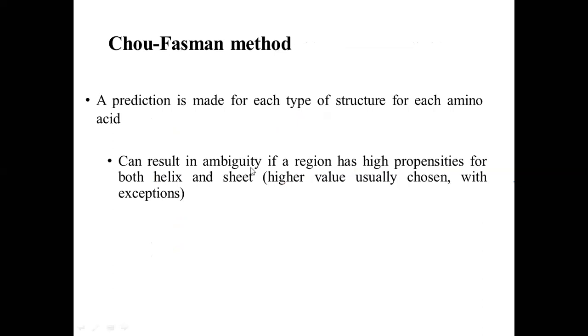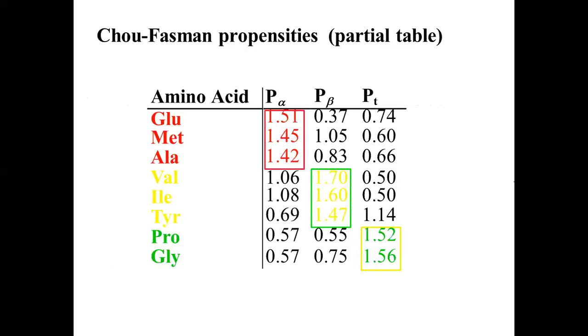Okay, now the result has ambiguity. Why do we have ambiguity in the result sometimes? Because sometimes we have the same propensities for two structures. Suppose we ignore the turn column.